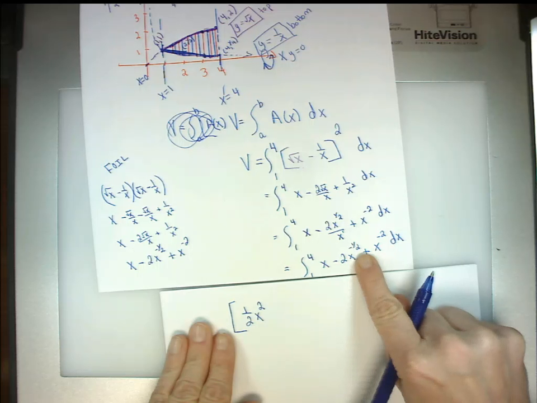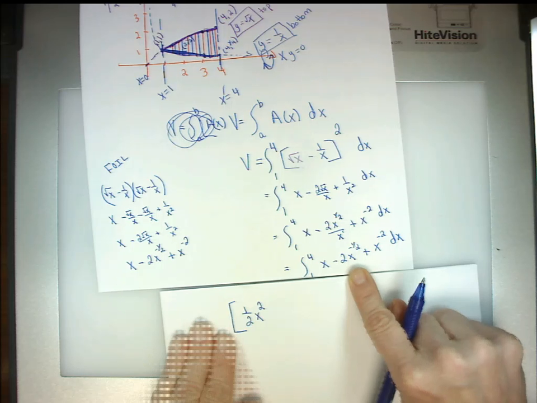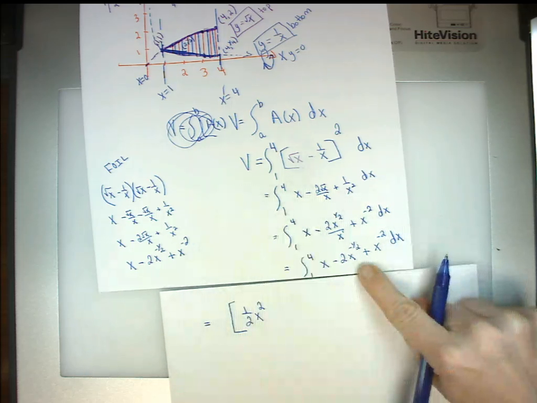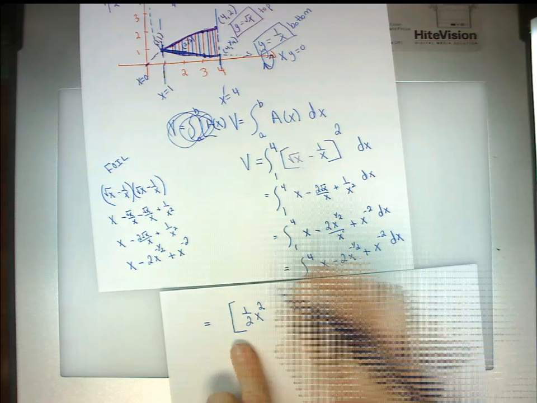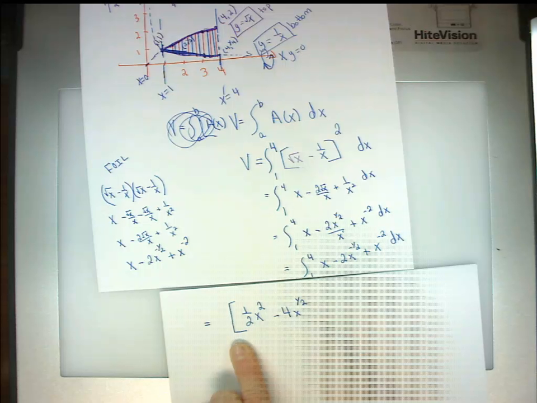Negative 1 half plus 1 is going to be a positive 1 half. So this negative 2x to the negative 1 half power becomes minus 4x to the 1 half power.